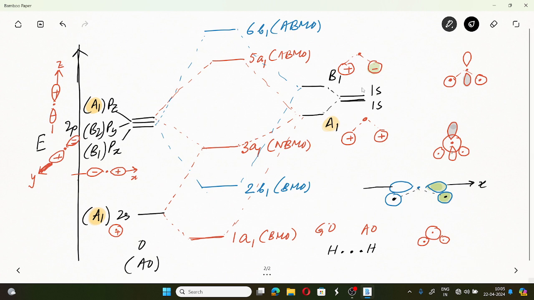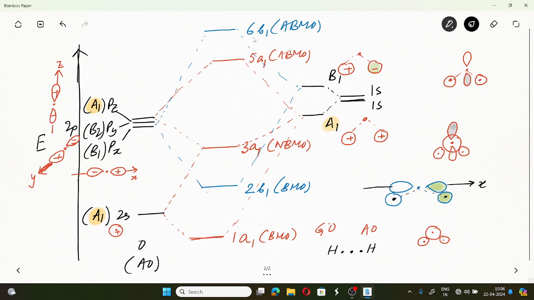It is combining with 2px to form this molecular orbital, which is 2b1. If you look at the symmetry, you'll find that this b1 symmetry will be retained. In a similar way, e1 symmetry is also retained in each of these molecular orbitals.